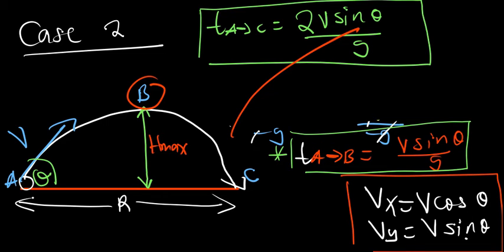For now, we are not interested in the velocity in the x direction. We are only interested in the velocity in the x direction when you have been asked to find the range only. That's when you are going to use the velocity in the x direction, because that's horizontal. But in this case we are interested in the vertical component, because the height is in the vertical component, which is the y-axis. Have I made myself clear?